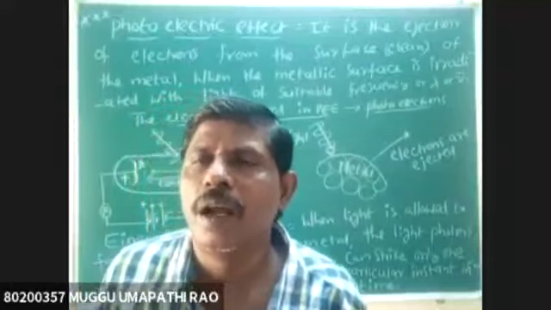This phenomenon involves photons and electrons. That's why the name photoelectric effect. Photons fall on the surface, electrons are ejected from the surface. How it occurs is not explained by earlier classical theories.